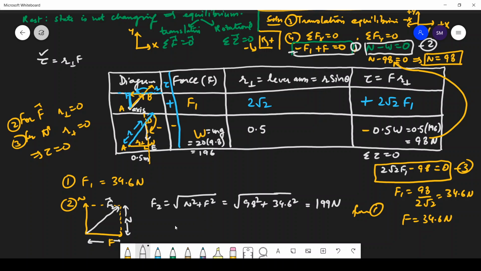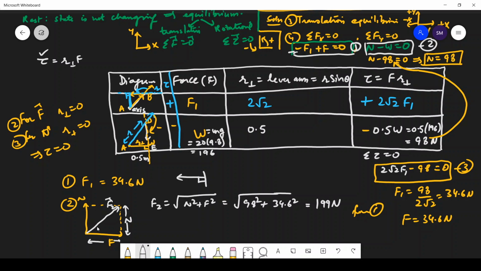That is your F2. Okay, and what about the direction of F1? Because this is a force, you need to tell the direction also. The direction was perpendicular to the wall, away from the wall.